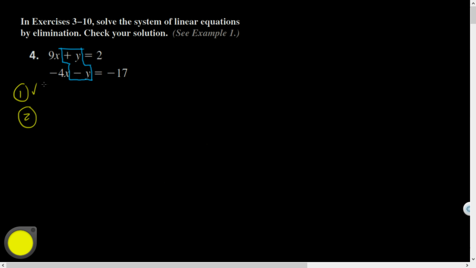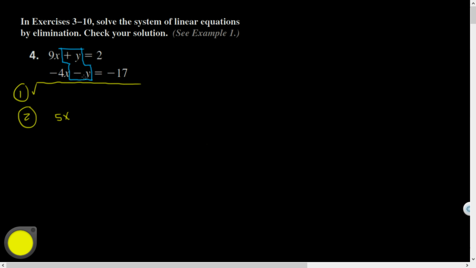Step 2, this was interesting. We actually add the equations together. A bizarre twist, right? We've never done that before. As long as our like terms and our equal signs are on top of each other, and our constants are with each other, we're good to do that. So 9x plus negative 4x is 5x.